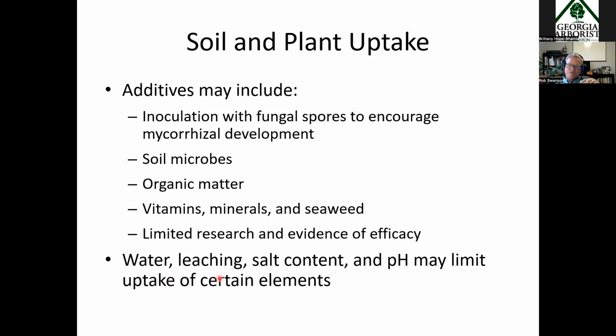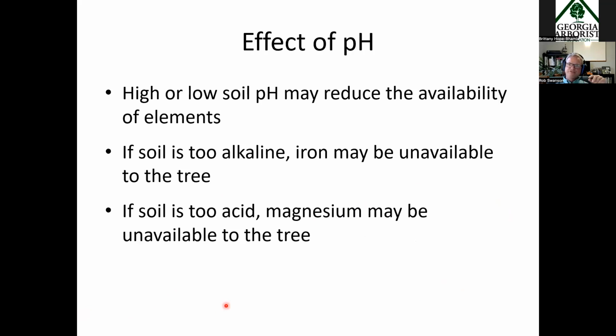Again, water, leaching, salt content, and pH may limit the uptake of certain elements. So let's delve into this pH a little more. So we talked about this cation exchange capacity of clay soils versus sandy soils.